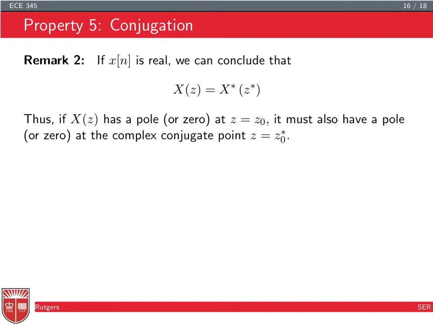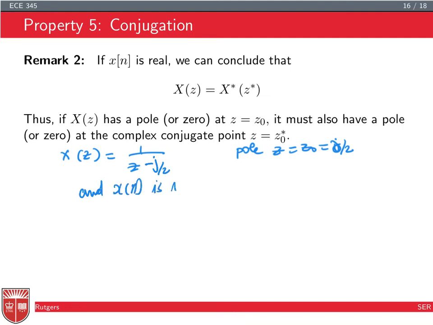So basically, we know that if x of z has a pole at z0, I'm going to take z0 equal, like I did in the previous example, to j by 2, and x of n is real, then this cannot happen.